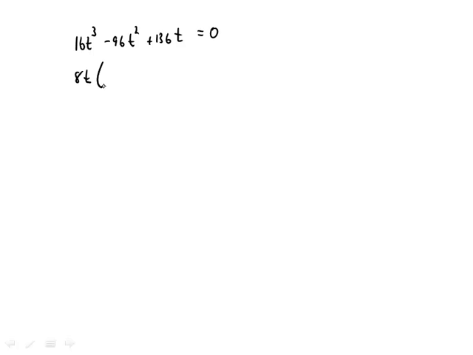That leaves me 2t squared minus 12t plus 17 equals 0. So one of my solutions is t equals 0. The other will come from 2t squared minus 12t plus 17 equals 0, and I'll use the quadratic formula on that.